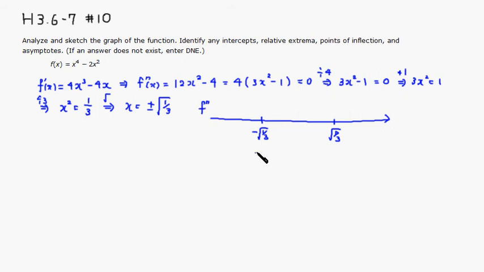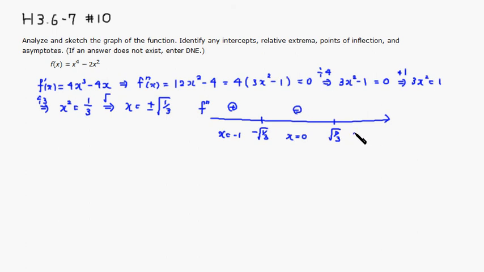If you try something a little smaller than negative square root of 1/3, I'll probably try negative 1. If you plug in negative 1 here, 3 minus 1, so that's positive. Between negative square root of 1/3 and the positive square root of 1/3, we can probably try 0. I like 0. And if you plug in 0, it's going to be negative.